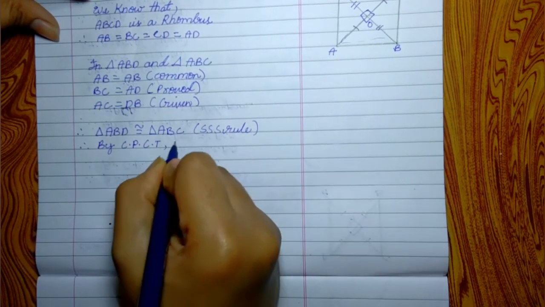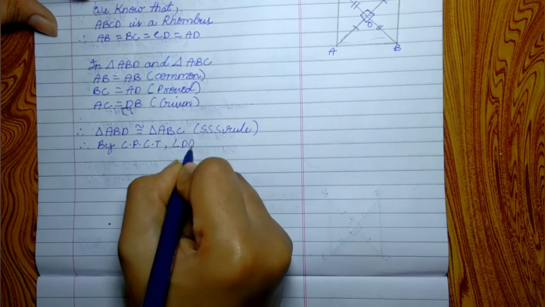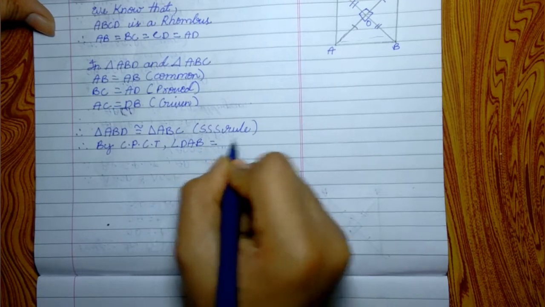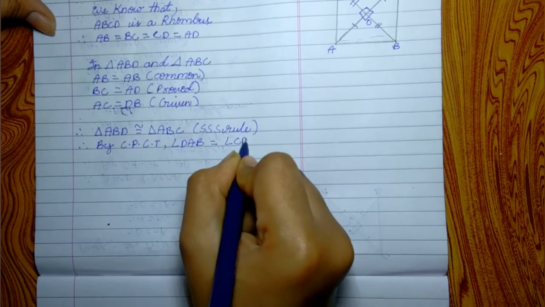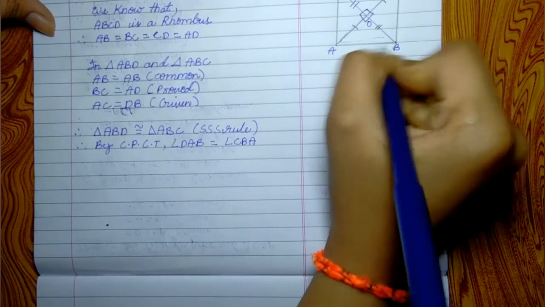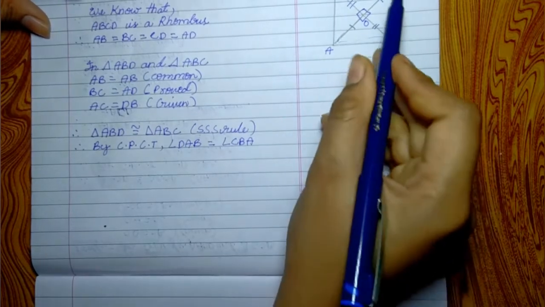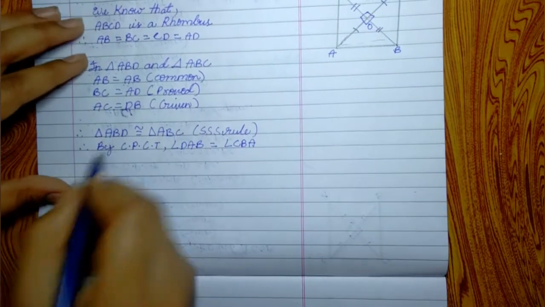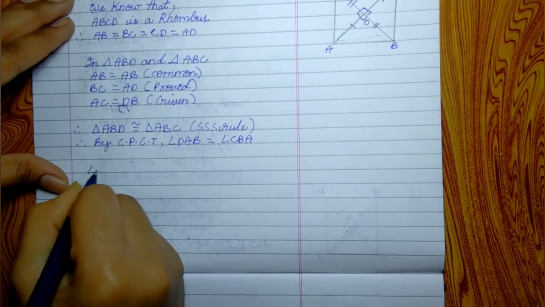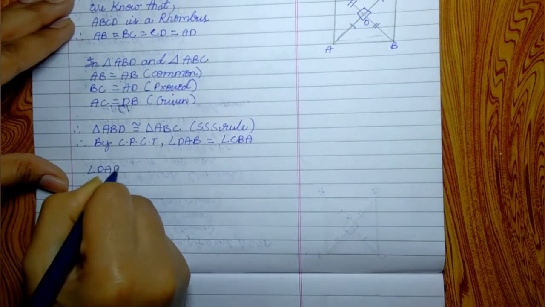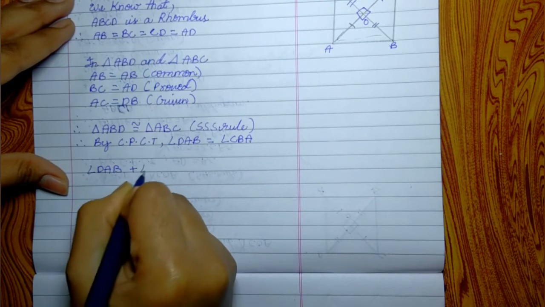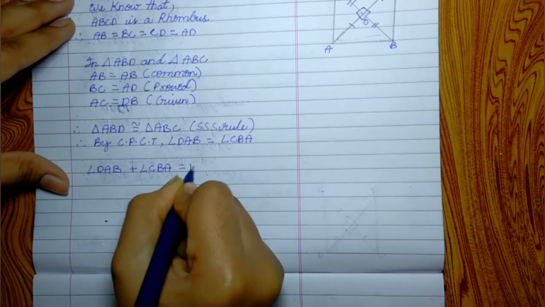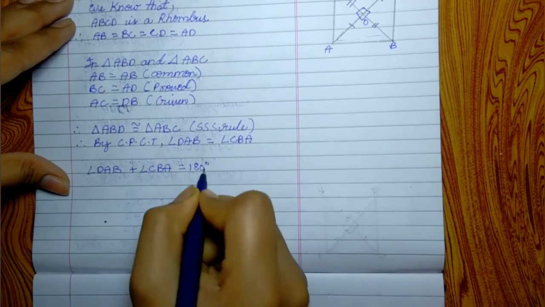we can say that angle DAB is equal to angle CBA. Angle DAB is equal to angle CBA. Okay. We know that angle DAB plus angle CBA is equal to 180 degrees. Right, friends?